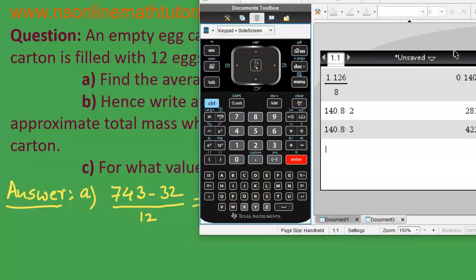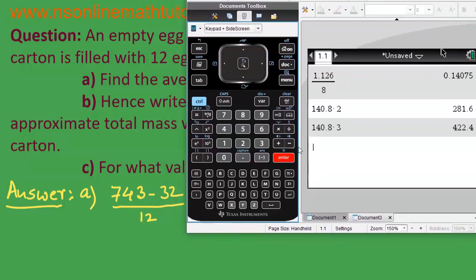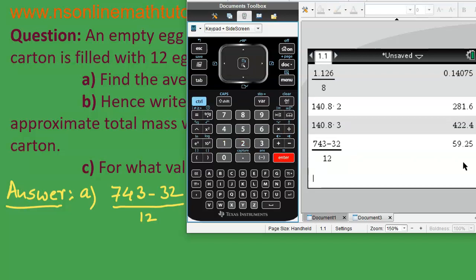So, 743 minus 32 divided by 12 is equal to 59.25.